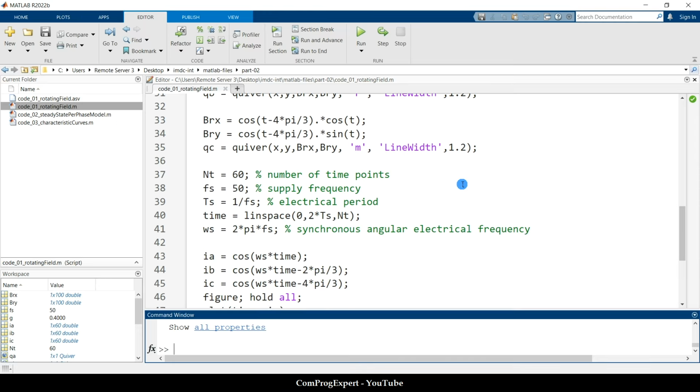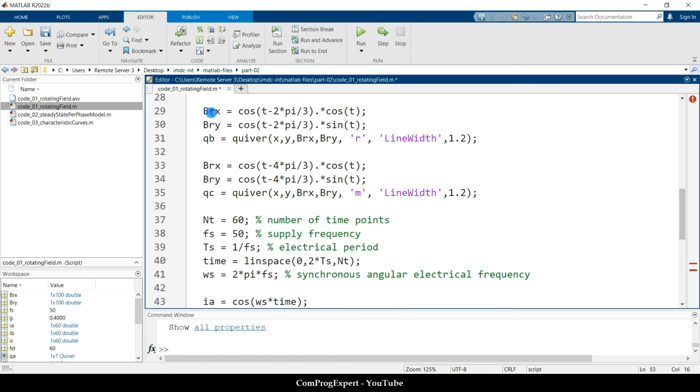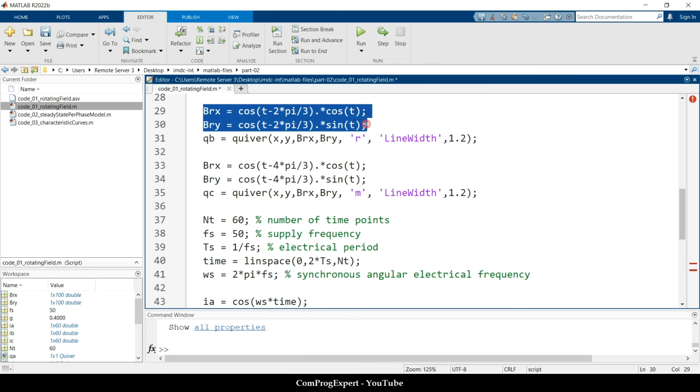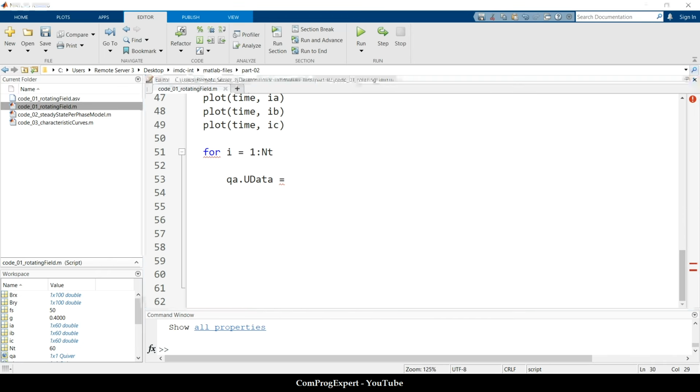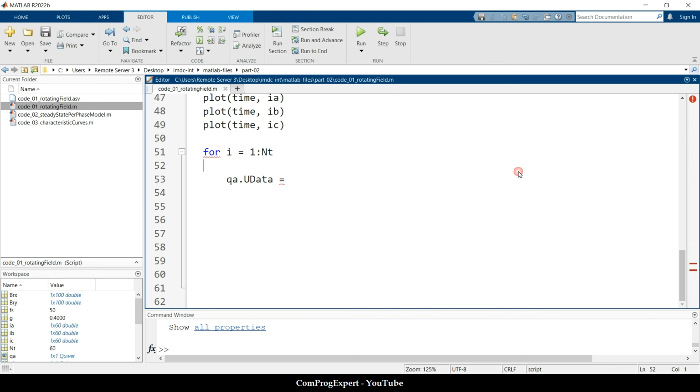So here, how can we visualize the rotating field for I equal to 1 to the number of time steps, quiver plot of the phase A. This is equal to quiver plot dot U data is equal to, actually we need to do the same calculations here. We have to modify the amplitude of the flux density vectors generated by each phase using the currents.